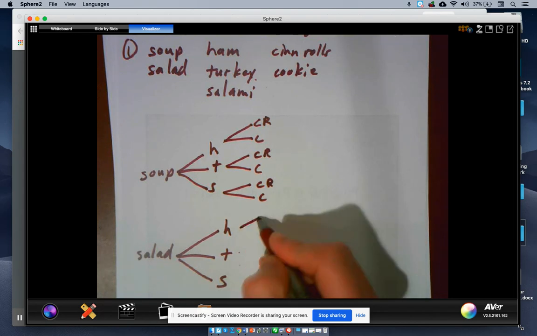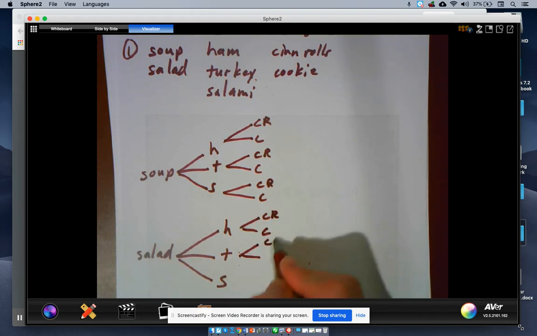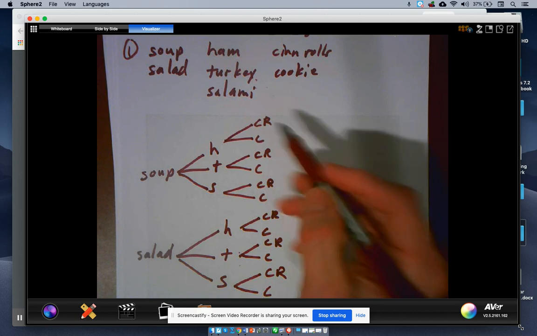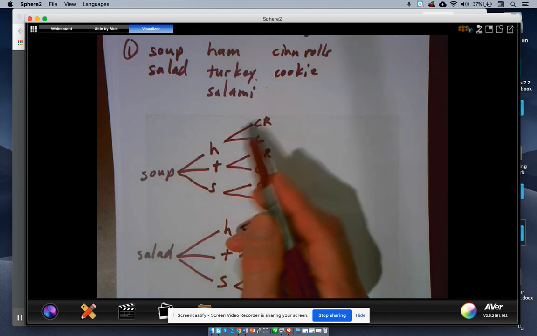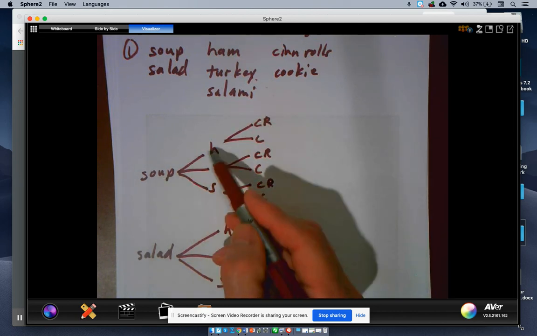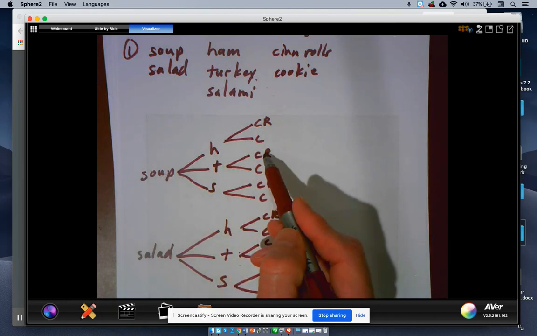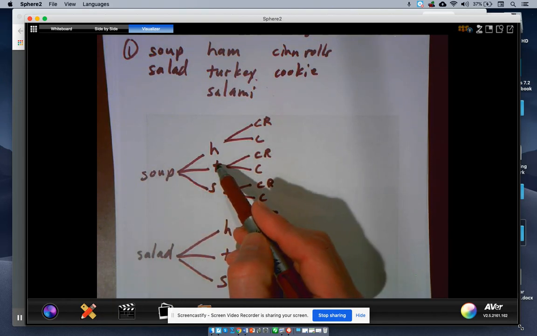Same down here, I could get a cinnamon roll or a cookie. I don't know which one I'd pick. They're all very good as far as desserts. So it looks like I could go soup with a ham and a cinnamon roll, soup, ham, cookie, soup, turkey, cinnamon roll, soup, turkey, cookie.